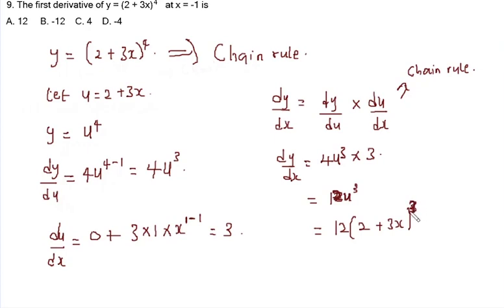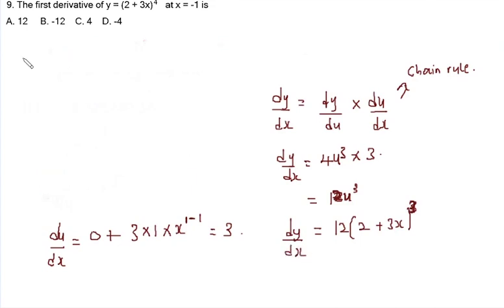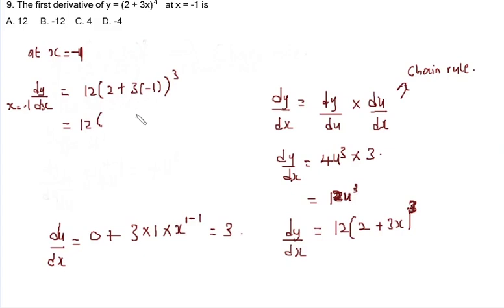Okay, so from here we know that dy/dx is this value. At x is equal to -1, we plug in -1 into this equation, so that dy/dx at x equal to -1 is equal to 12 open bracket 2 plus 3 open bracket -1, cubed, which is equal to 12 open bracket 2 plus -3, which is -1, cubed.